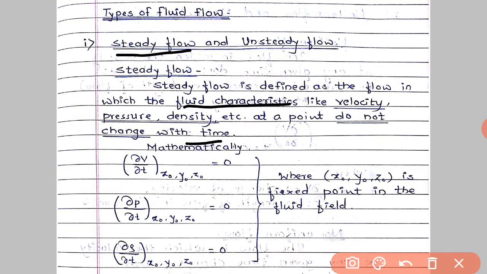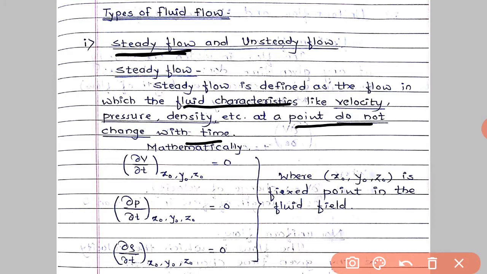First, we are going to see steady flow. In steady flow, different fluid characteristics like velocity, pressure, density, etc. do not change with time. If those properties do not change with time, then it is called steady flow.